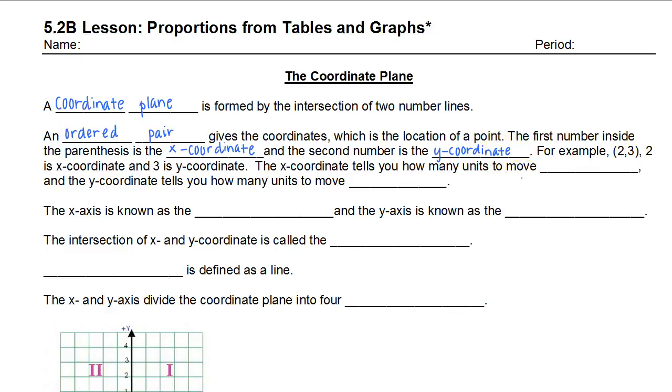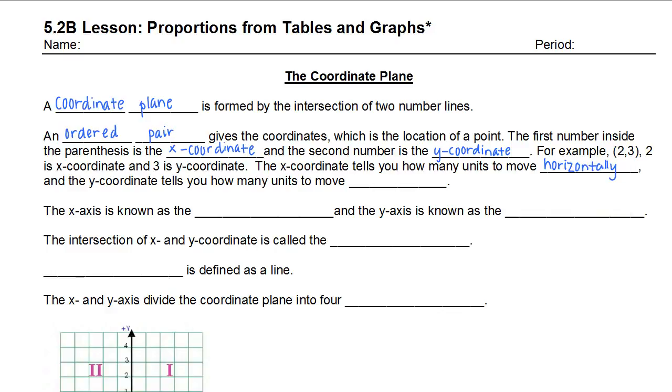For example, the ordered pair 2, 3, 2 is the x-coordinate in that ordered pair, and 3 is the y-coordinate. The x-coordinate tells you how many units to move horizontally, so that means how many units we're moving left or right.